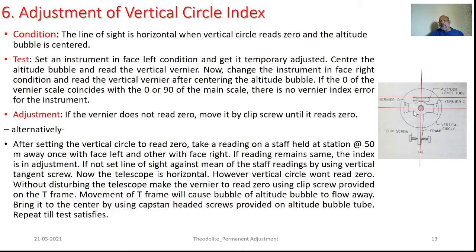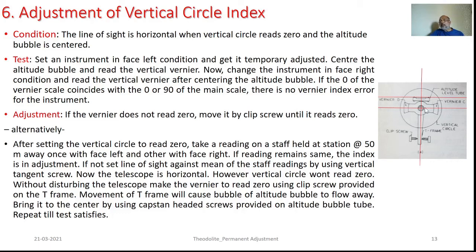At the extremities of this index arm, there are Vernier C and Vernier D, which are in fixed position. The rotation of the telescope in relation to Vernier C and D in turn facilitates the movement of the vertical circle with respect to them in order to take the vertical angles.